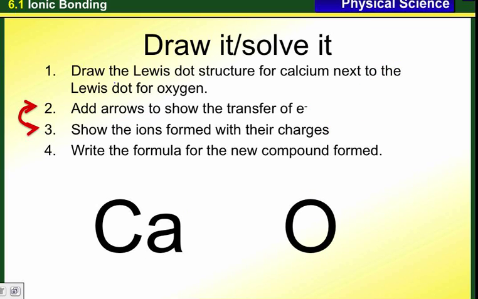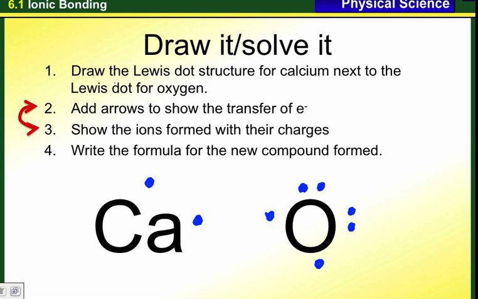Let's try another example here. Again, starting with the Lewis dot diagram. Calcium, looking at its group number, is in group 2, 2 outer electrons. Oxygen, of course, is in group 6, having 6 outer electrons. Each one wanting to get to that full outer ring.